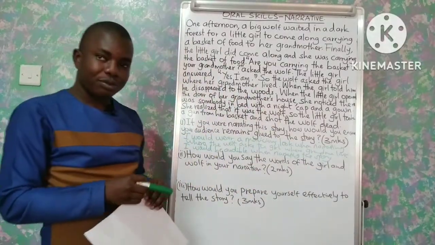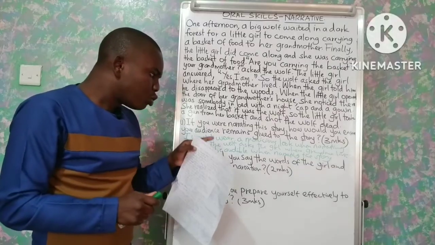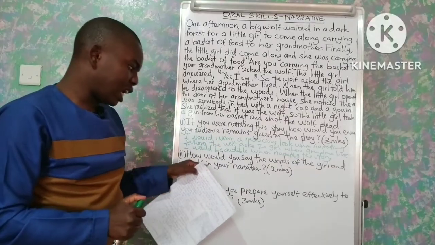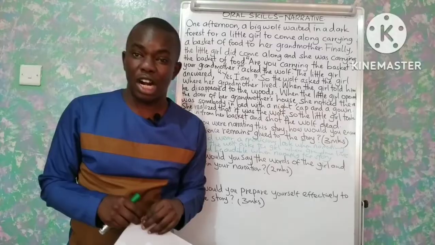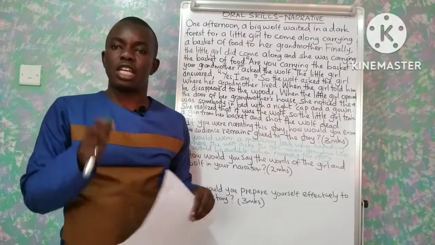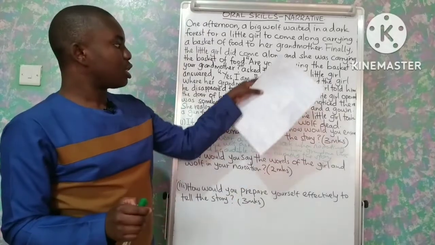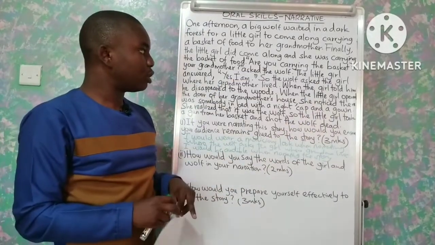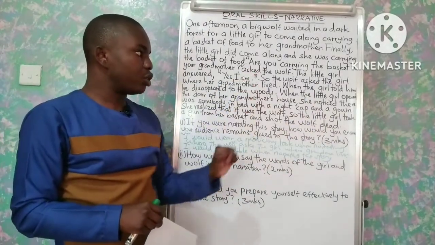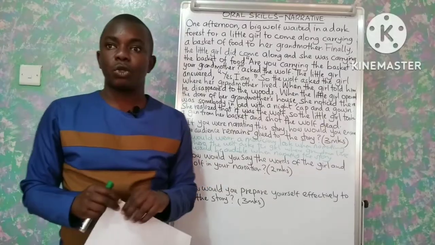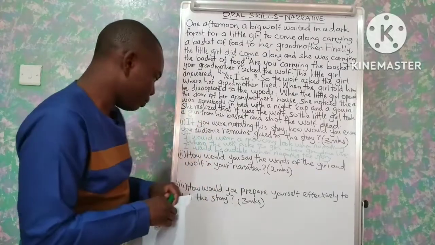Question 2. How would you say the words of the girl and the wolf in your narration? Starting with the words of the wolf, who asks this question: "Are you carrying the basket to your grandmother?"